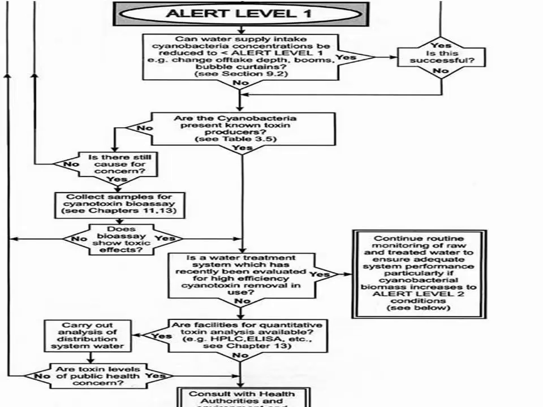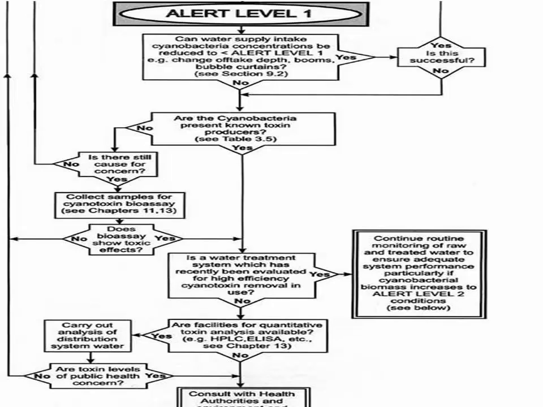Then you start asking more questions like how many cells per mL, or how much chlorophyll, or in this case, how much biovolume, to push you to the next level, and so forth. And at some point you have to decide to do cyanotoxin analysis.